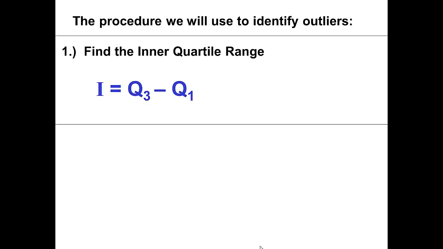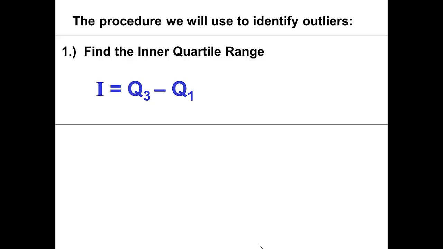And of course, as a mathematician, someone came up with a formula to calculate exactly what constitutes an outlier. So we will use the following procedure to identify outliers. The first step will be to find what we call the interquartile range.